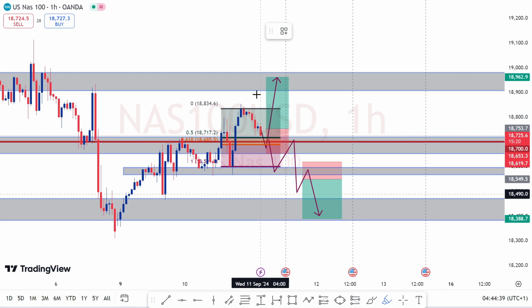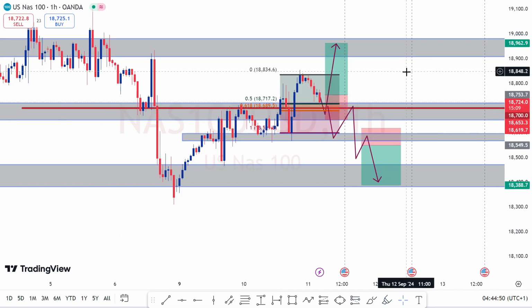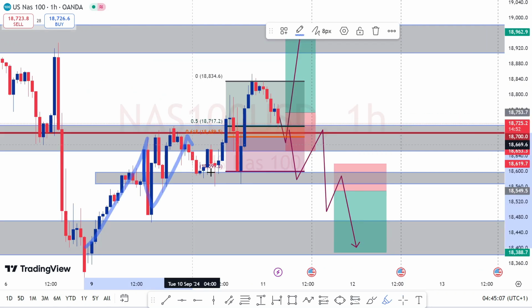So that being said, what we are going to expect from Nas100 is this. Impulse, correction, higher high, higher low, higher high, higher low, higher high.